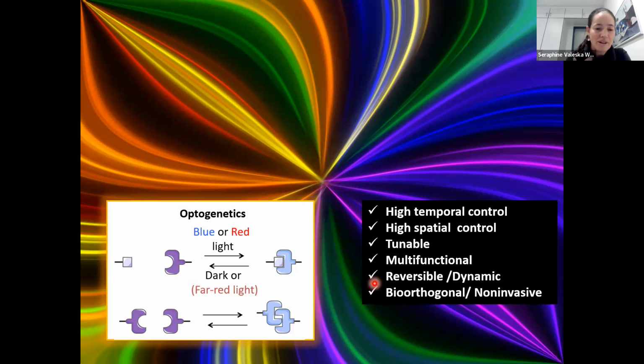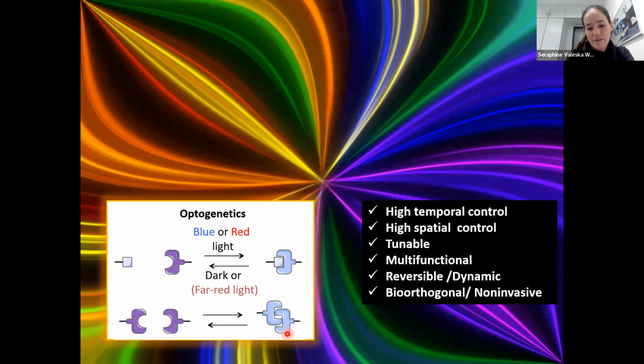From a chemical standpoint, most of these proteins that we use are light-dependent dimerizers. We have proteins that heterodimerize under light, or proteins that homodimerize under light. So this allows us to bring together different or the same entities.